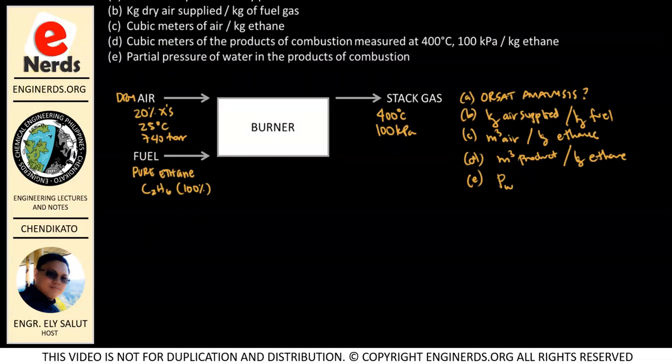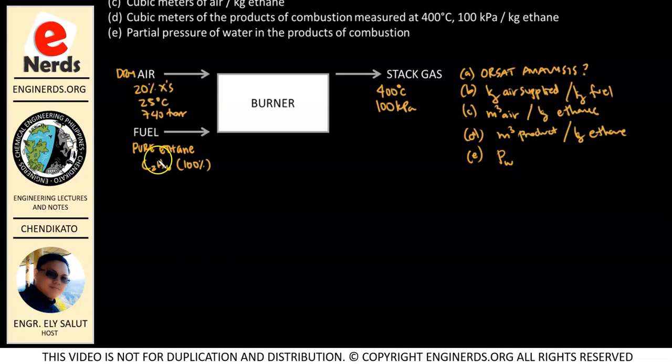So let us now have our solution. The first thing that we need to get is the Orsat analysis, but we can only get the Orsat analysis if we get the number of moles of all our components in the stack gas.